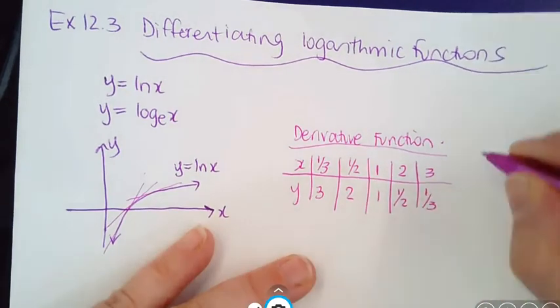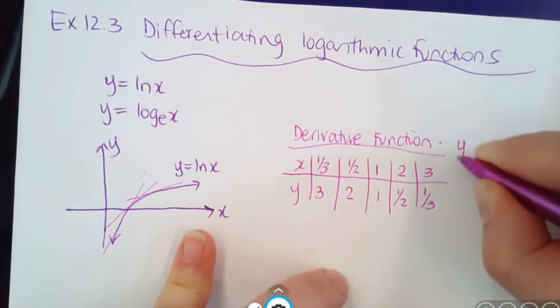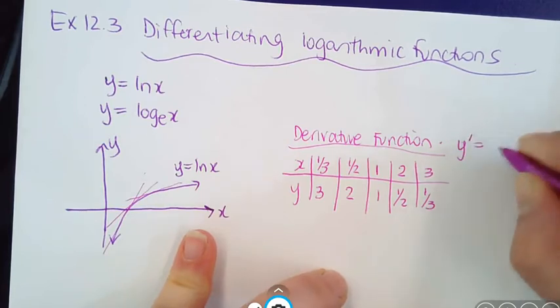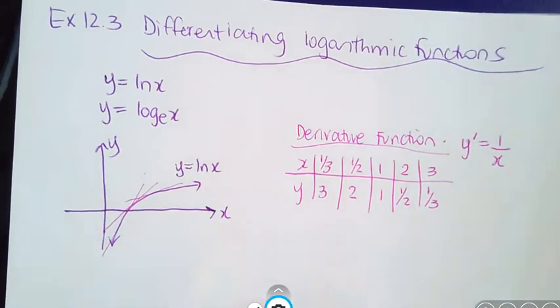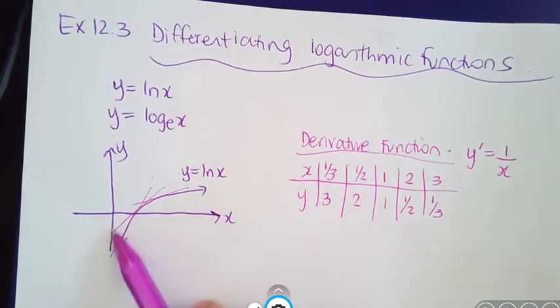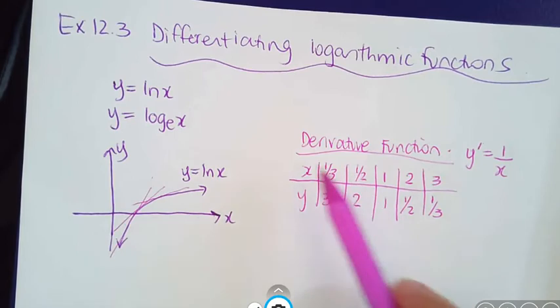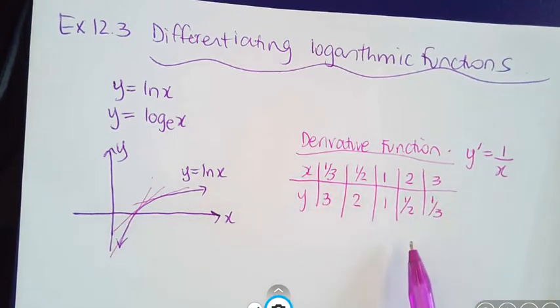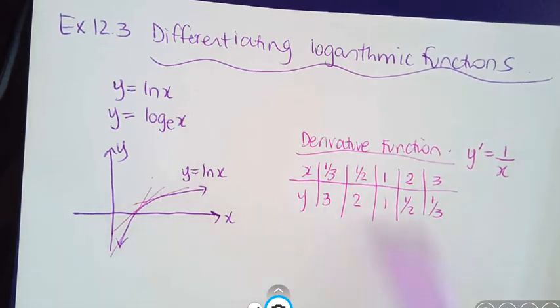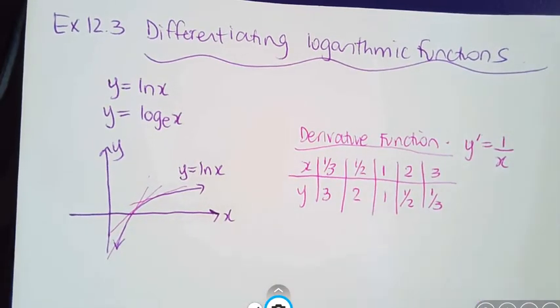So what we found was that the derivative function was, in fact, 1 on x. We did a table of values for the gradient of the tangent at certain points on this curve, and we found that those points made up the function y equals 1 on x.